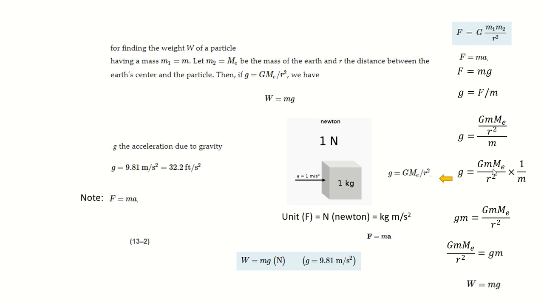One is you can cancel this out and write your acceleration due to gravity this way: your gravitational constant, and then the mass of your Earth divided by r squared. You can calculate the acceleration due to gravity. You can also bring it down, just straight down like this.